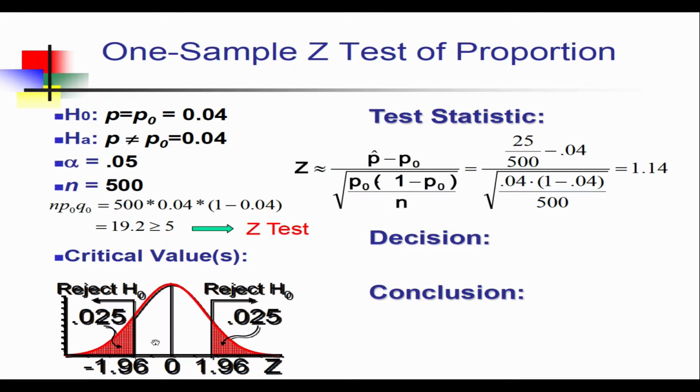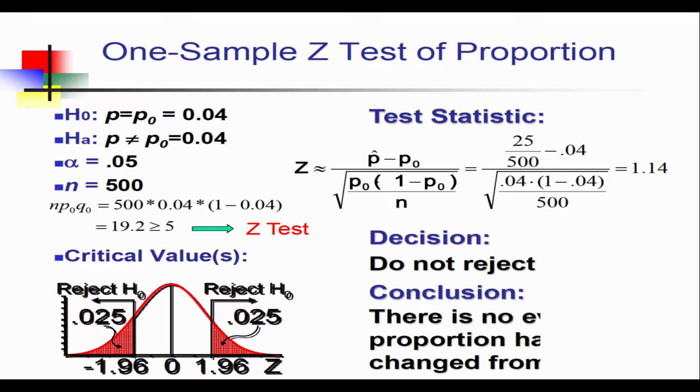And after determining these critical values, you have these two rejection regions on the two tails. Then you just check whether your observed z-statistic falls into that rejection region or not. 1.14 is less than 1.96, it is in the middle, not in the rejection region, so we do not reject our null hypothesis. The decision is we do not reject the null hypothesis.